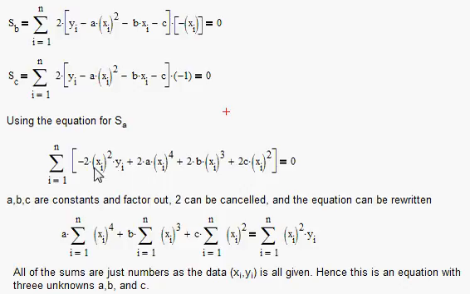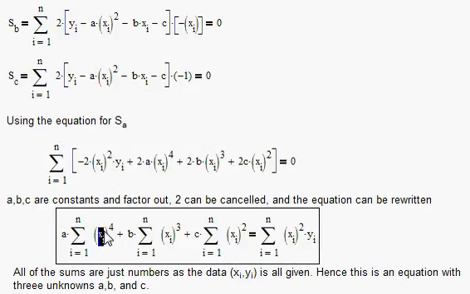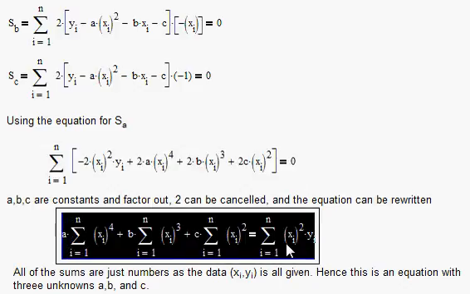If you look carefully, this is in every term that contains the x to the fourth, so we factor that out. We've already canceled the 2's, and I think you can probably work out why this leads us to this.